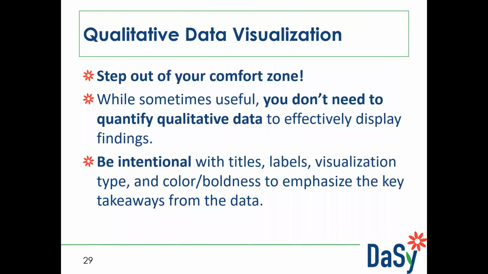So when you're displaying qualitative data, you don't necessarily need to quantify it so that you can do those bar charts and pie charts if that's not useful for effectively sharing the data. And also remember to follow those general good sense rules for data visualization, being intentional with your titles, labels, what display you choose for your data, and then using color and boldness effectively. So we're going to look at some examples.